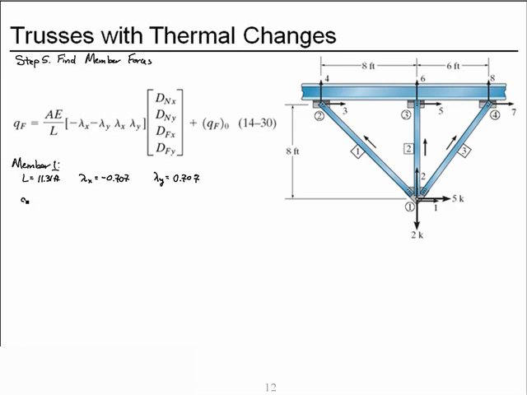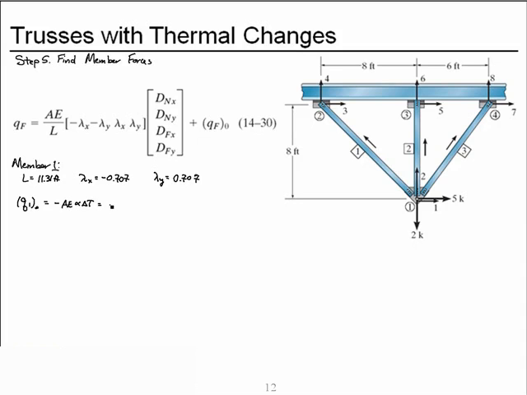So now we can calculate the fixed end force for member 1 in local coordinates, and that is given by minus A E alpha times the change in temperature.